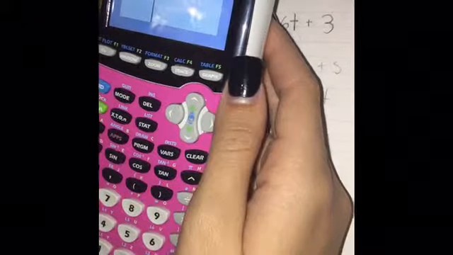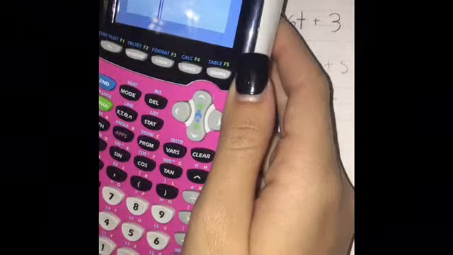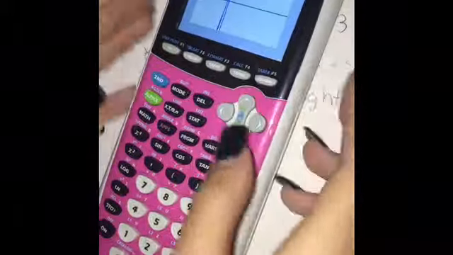Yeah, graph. Let's see if that'll do anything. Does it need to be even smaller than that or something? I don't know. Maybe your x's need to be smaller. I don't think so.